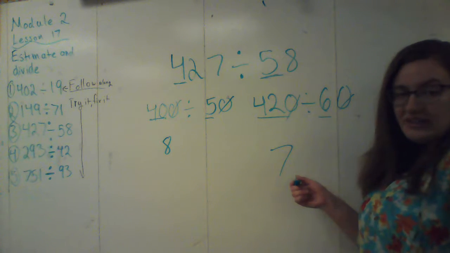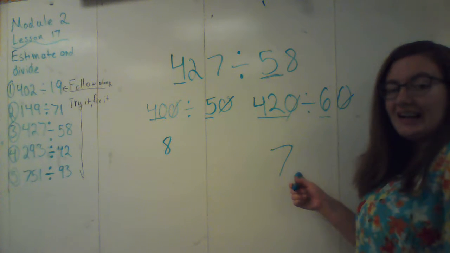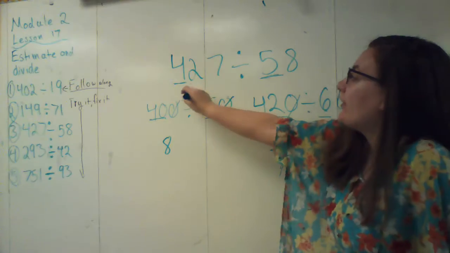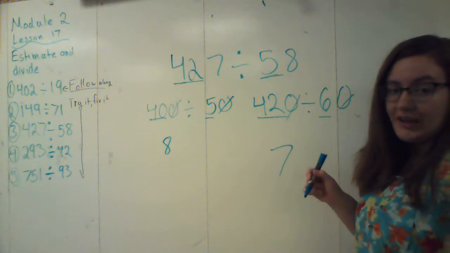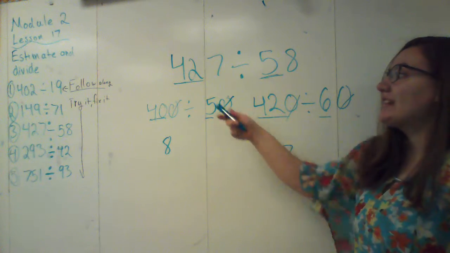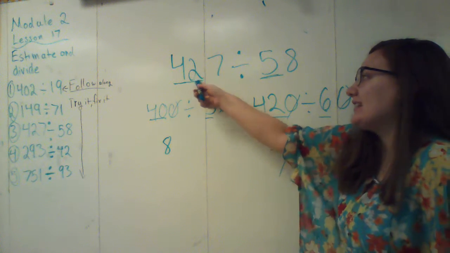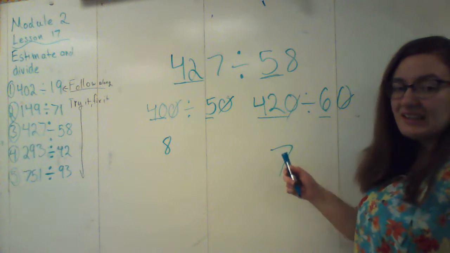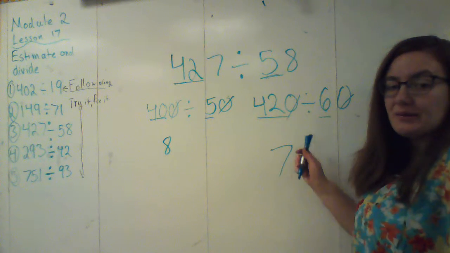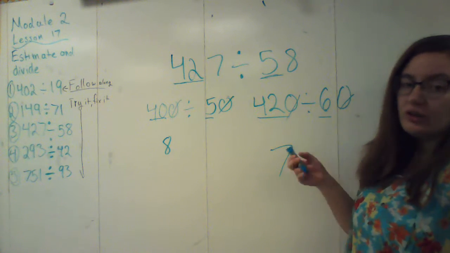And this estimate is actually a little bit more exact because the farther down the place values you go, the closer you get to the actual answer. So since I went to the 10s place and rounded to get 420 and I rounded up to 60 in this situation, my estimate's a little bit closer to what the actual number is going to be.